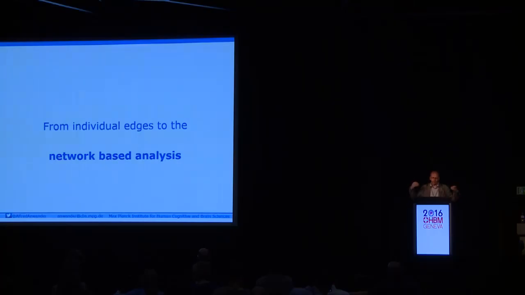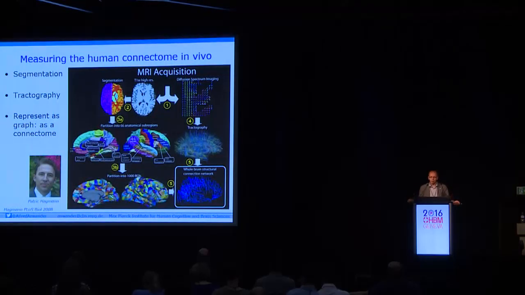If we have this, then we can go to the network, and this kind of network analysis is in a different session. Therefore, I don't want to go too deeply into this and just introduce and acknowledge the work of Patric Hagmann from Lausanne, who was pioneering in this network analysis and proposing a fine subdivision of the cortex into small areas, and computing the connectome from this.